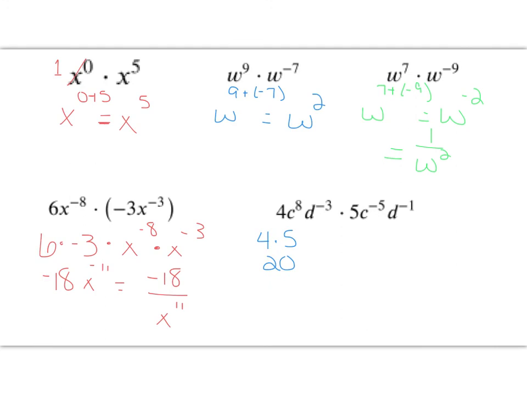My new coefficient is 4 times 5, which is 20. Now look at the c's and tell me what the new exponent of c is going to be. I have c to the 8th times c to the negative 5. So 8 plus negative 5 is 3. So my new exponent for c is 3, c to the third power.